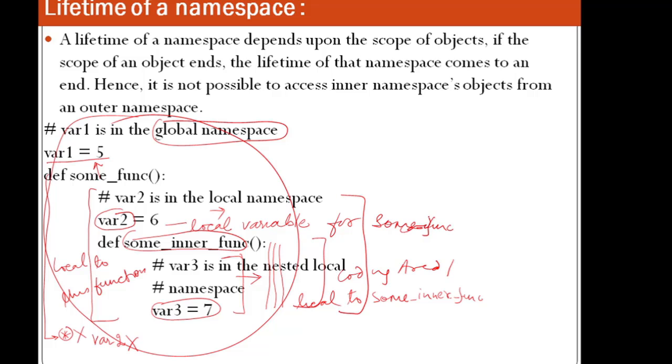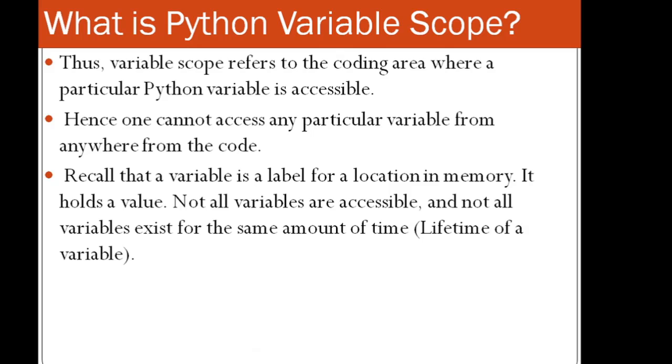This is another coding area, and this outer one is your third coding area. So where is your variable accessible? Variable scope refers to the coding area where a particular Python variable is accessible. Hence, one cannot access any particular variable from anywhere in the code.